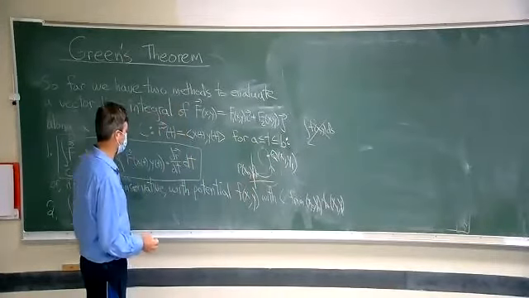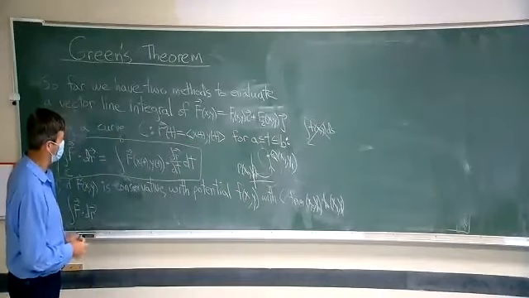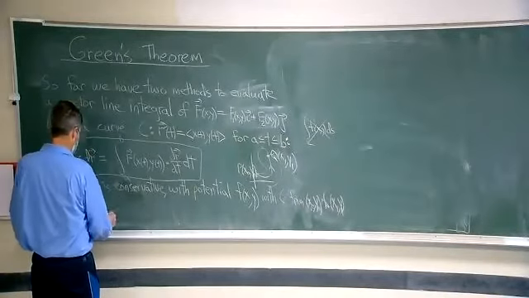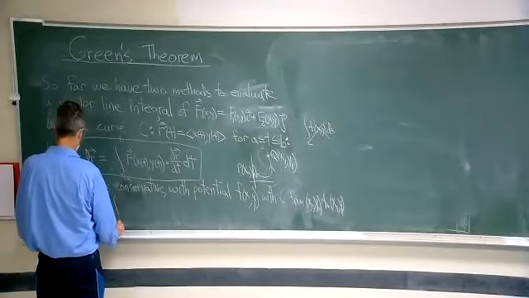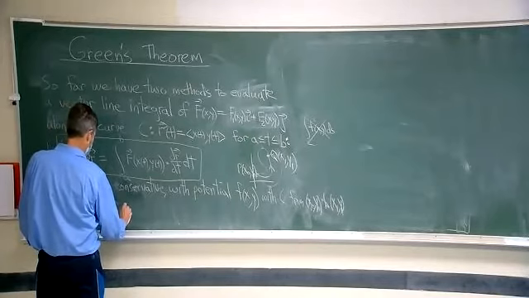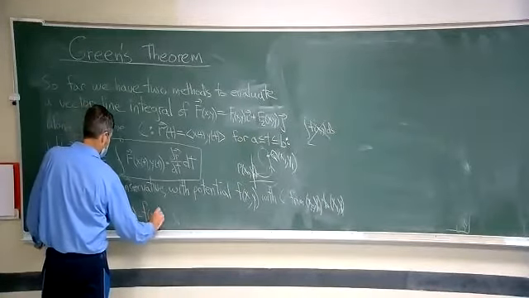So the book will sometimes write f of Q minus f of P, or they'll write f of x1, y1 minus f of x0, y0. The conservative vector field theorem is that you can evaluate the line integral by taking the potential at the final point minus the potential at the initial point.